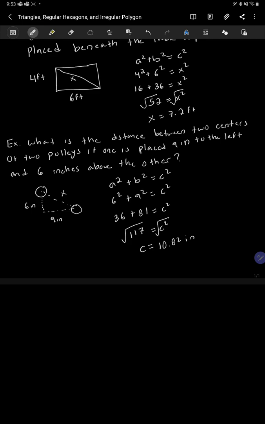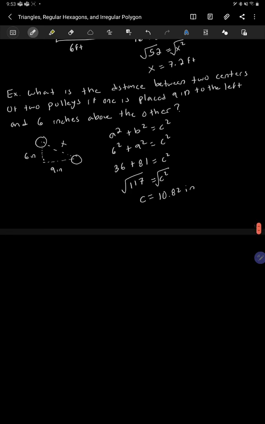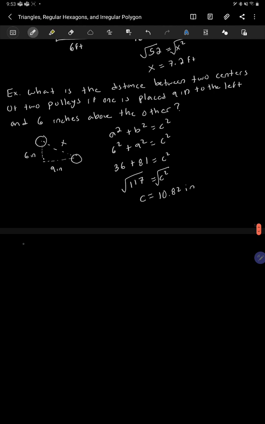Okay, so how do we find the area of a triangle? So let's look at this. The area of a triangle is always going to be area equals 1/2 base times height.